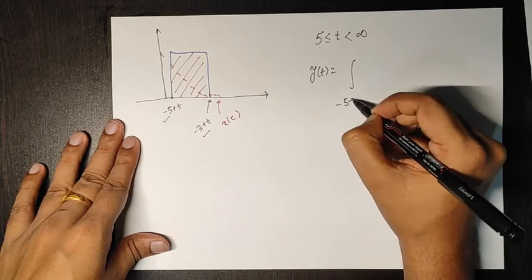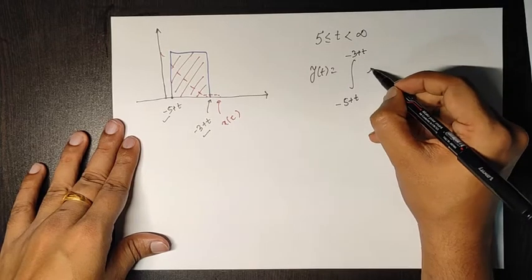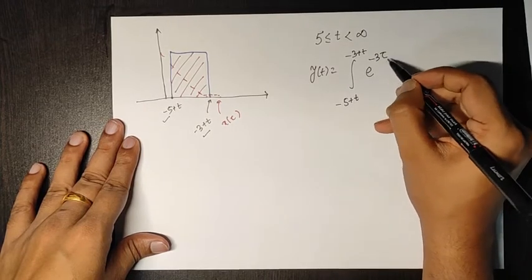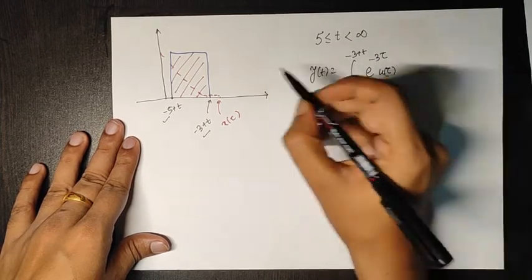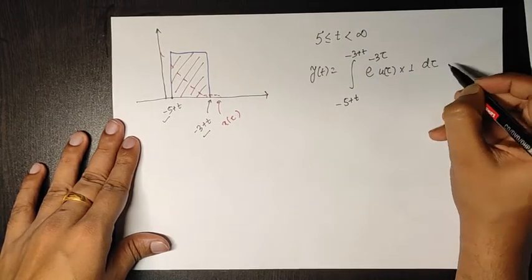the integral from -5 plus t to -3 plus t of x(tau), whose value is e to the -3 tau u(tau), and its value is of course 1.